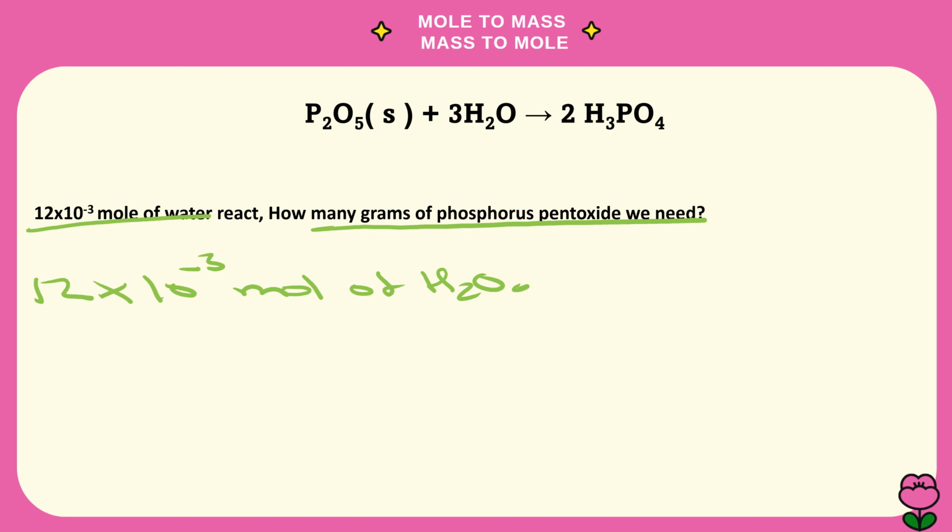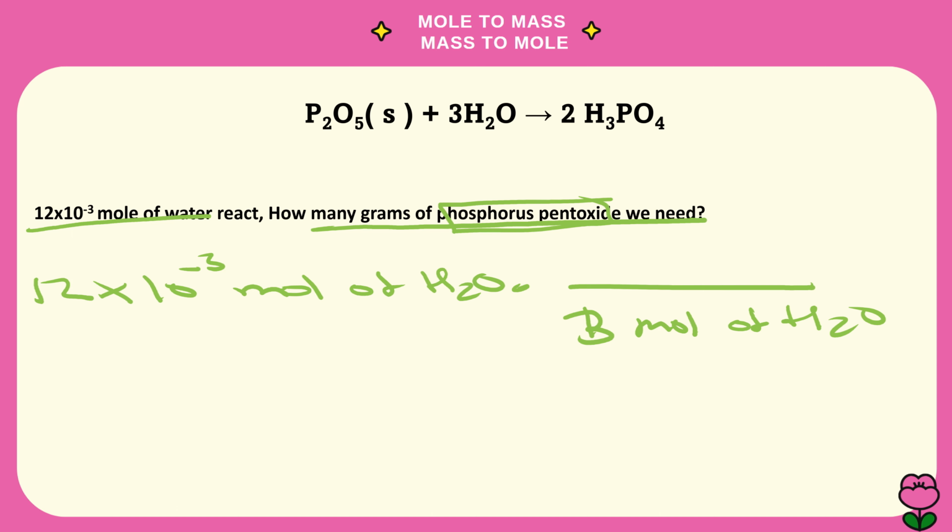So we want to know how many grams. Do we keep this as moles? In this equation we have 3 moles of water, so 3 moles of H2O, and because I want to convert it to phosphorus pentoxide, I write 1 mole of phosphorus pentoxide.